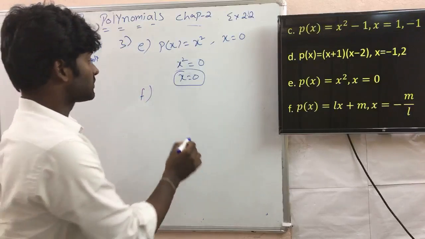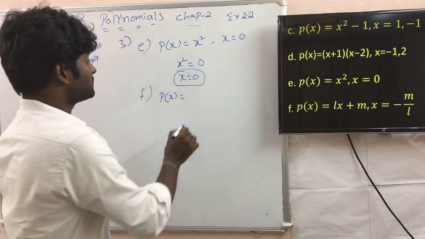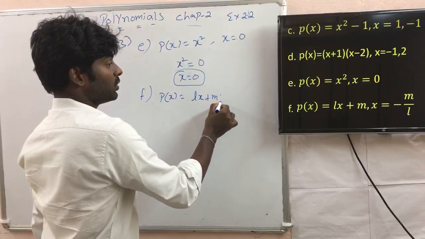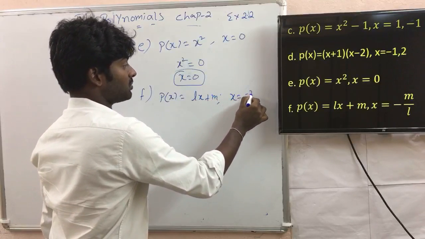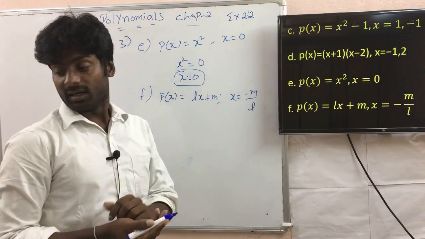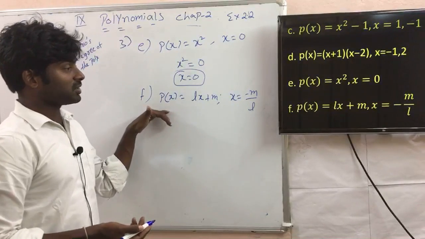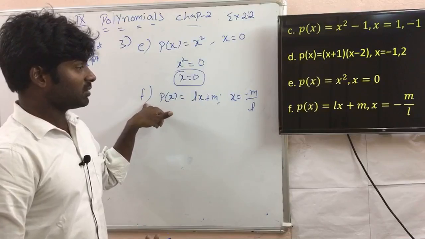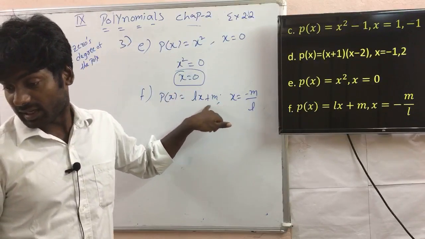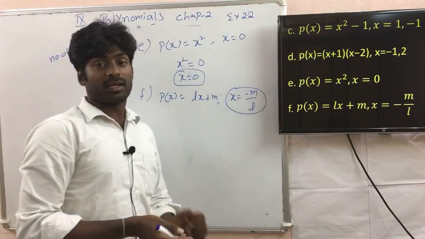Now next one, the polynomial is given as p of x equals to lx plus m, where x equals to minus m by l. See this last one, sixth one, he has given polynomial as p of x equals to lx plus m, and 0 as given x equals to minus m by l.